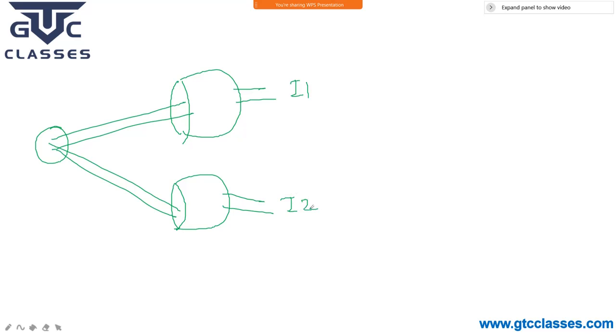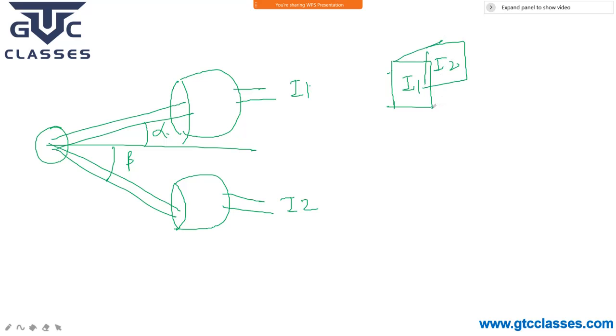But what happens actually, they are measured at different angles. This is alpha, this is beta. So what your mind does actually, your mind overlaps these two images, image number 1 and image number 2, like this, and then tries to create a depth because of this.